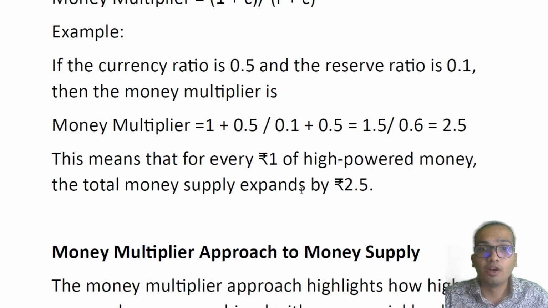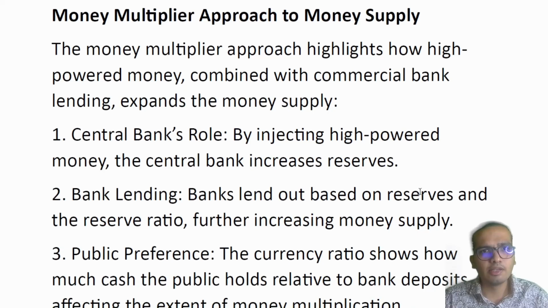This means that for every rupee 1 of high powered money, the total money supply will expand by 2.5 rupees, that is 2.5 times.